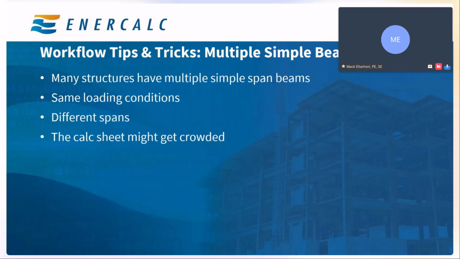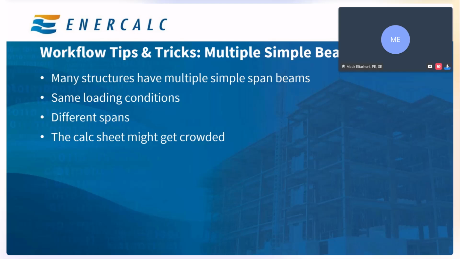So getting here into the workflow tips and tricks. I'd like to share with you some tips and tricks that might help you optimize your workflow and increase efficiency. Many structures have multiple simple span beams. This is normal, especially for 1 and 2 story buildings, and a lot of times you will have a few beams that have the same loading conditions.